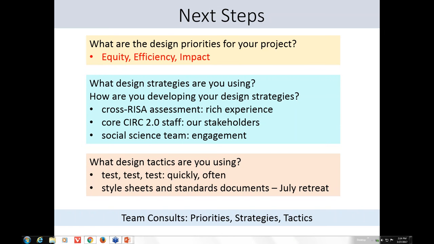Yeah, and that's where being able to document, I think just at this stage, is documenting what the project objectives are, what the design priorities are, what strategies people are using, and then what tactics, whether you're using tooltips and ancillary information and making sure that our language is consistent across tools. That's all manageable going forward.